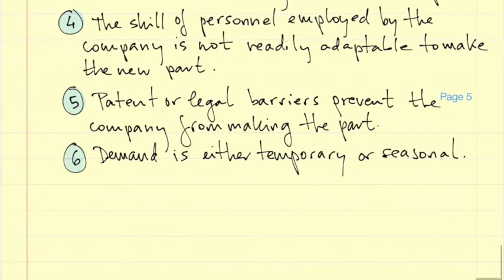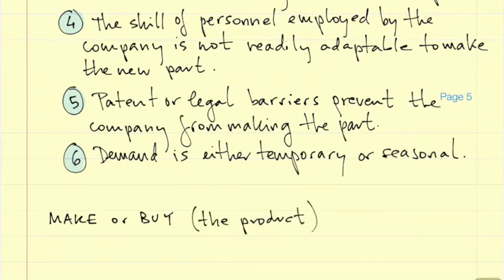So it would be fair enough to say that there is a third way, okay? There is not only make or buy the product. There is also a third alternative, which is what?